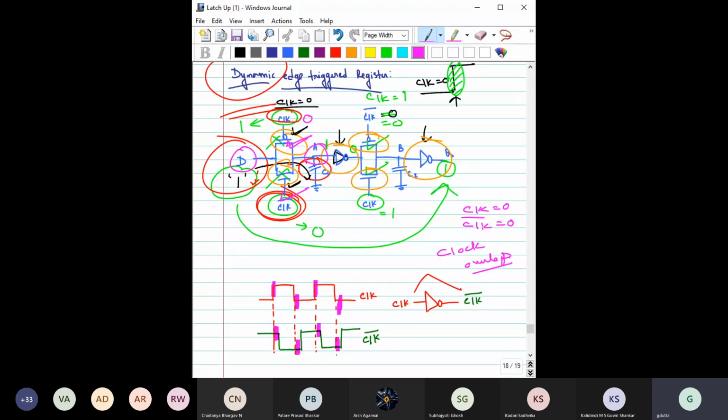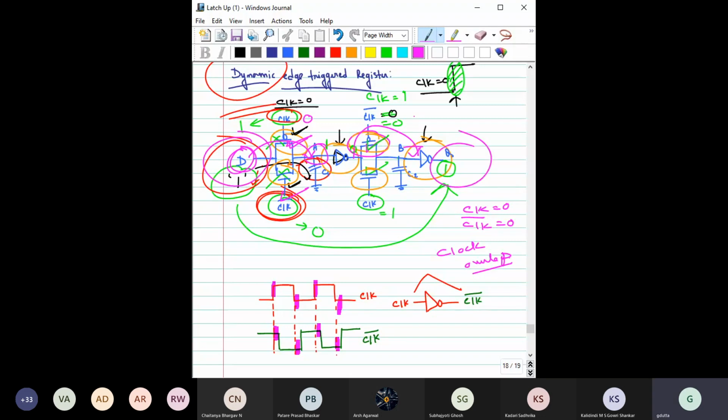Clock bar is also equal to 0, which means this transistor is also on. So whatever you give at this input is transferred to here, and as this transistor is also on, it immediately gets transferred to Q as well. That means it is not becoming edge triggered. During that time there is a direct path from D to Q.